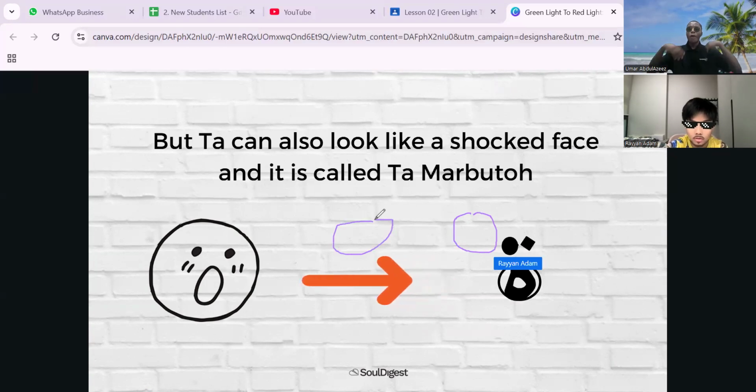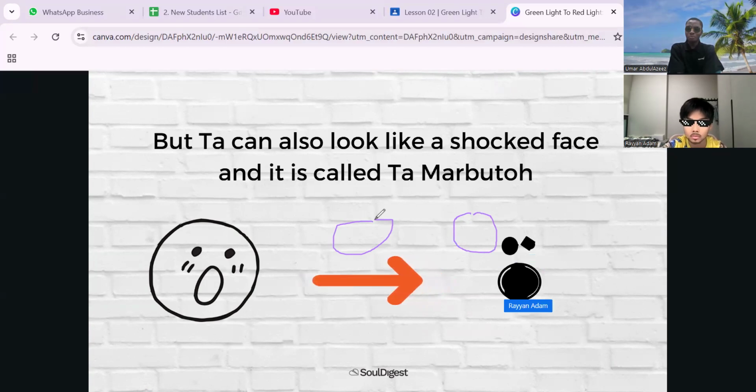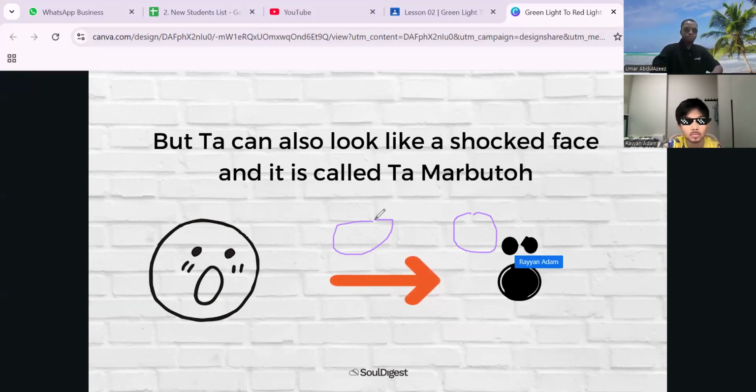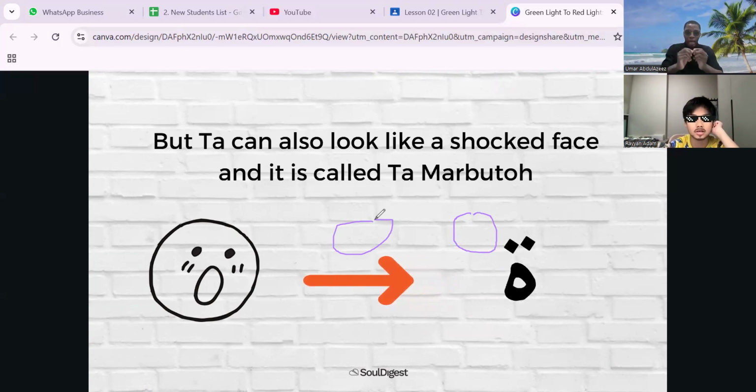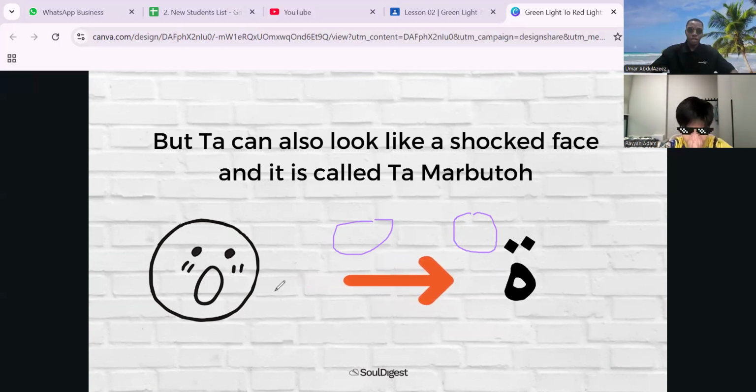If I want to explain Ta Marbuta very well for you, so that you understand it perfectly, it is the ta that is circled. Do you get it? So that's actually the meaning of Ta Marbuta.